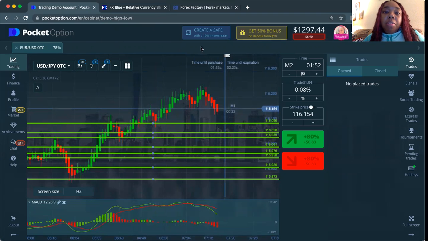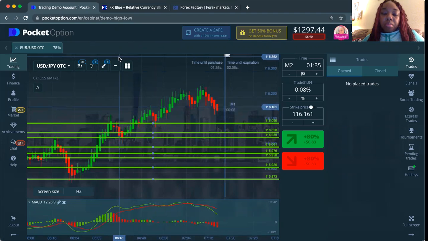I recommend newbies and beginners go to Pocket Options just because the minimum with Pocket Options is just $50 to fund your live account. I think that's a plus there.